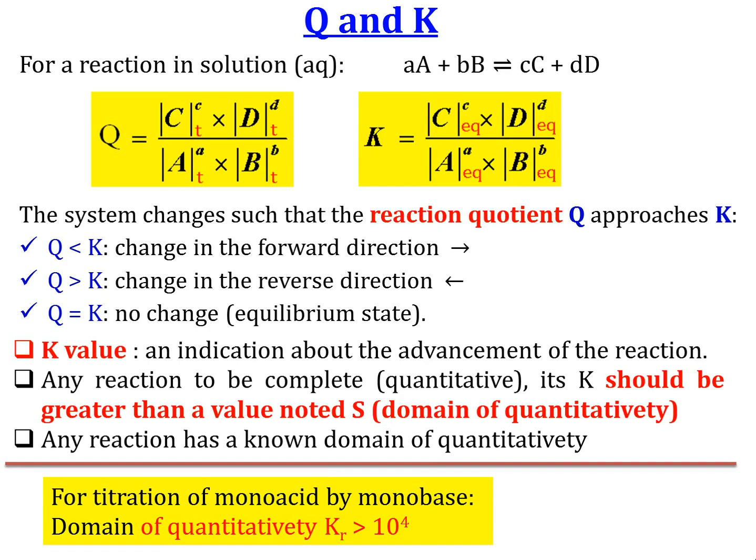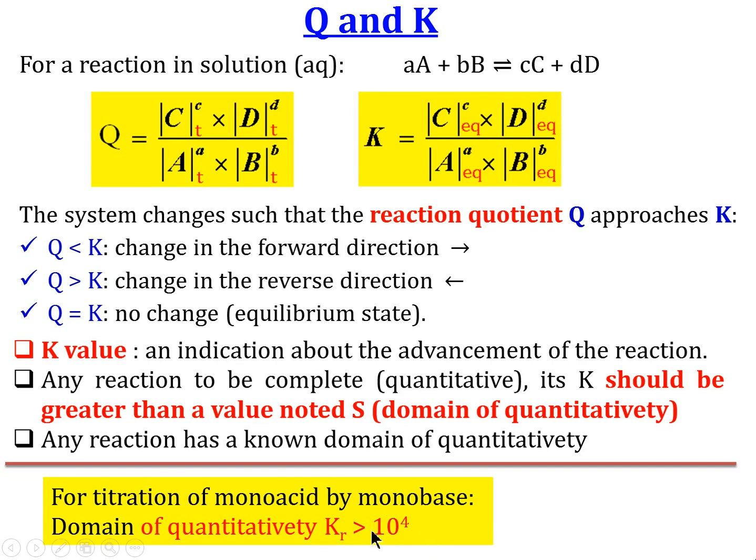Then you calculated the K of this reaction. And if you find that K of this reaction is greater than 10 to the power 4, you said that this reaction is complete and quantitative.